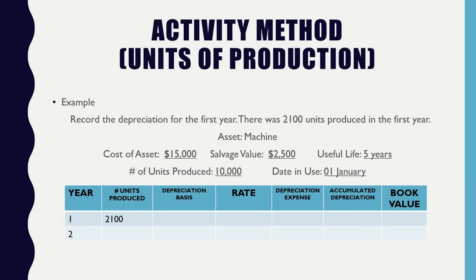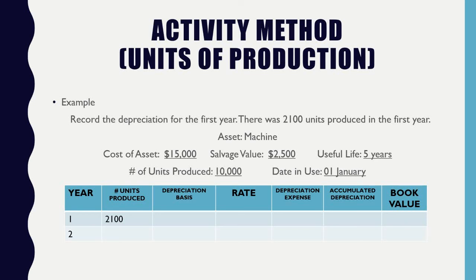Okay, so now that I've applied all my 5 components, I can start plugging in all my information because you need all 5 components in order to plug your numbers into your formula. The first thing here, you can see my chart right here. I have my first year. I have that I produced so far 2,100 out of the 10,000 that it can produce.